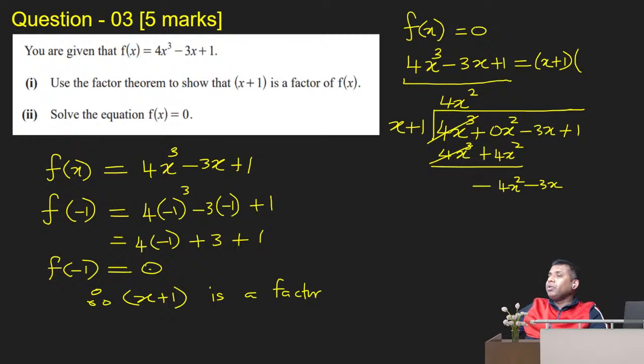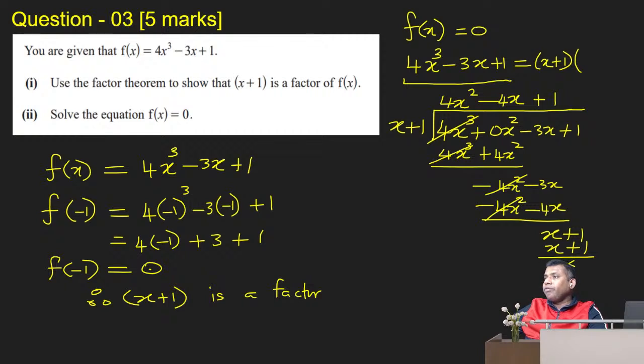And now I'm going to do minus 4x on the top. Minus 4x times x is minus 4x squared, and minus 4x. You take away one from the other, so this one cancels off, and minus 3x take away minus 4x becomes x, and drop the 1, x plus 1. So you put 1 here, so that comes as x plus 1, there is no remainder.